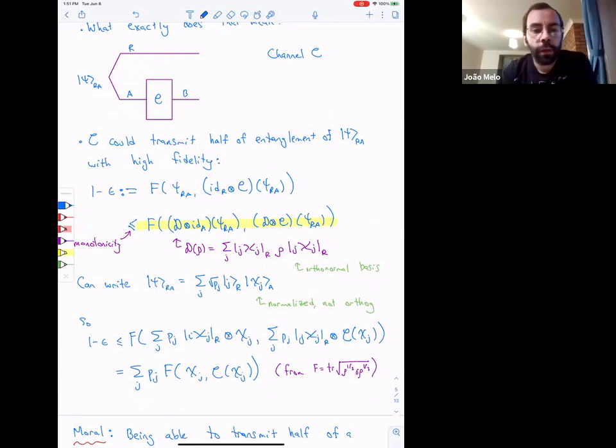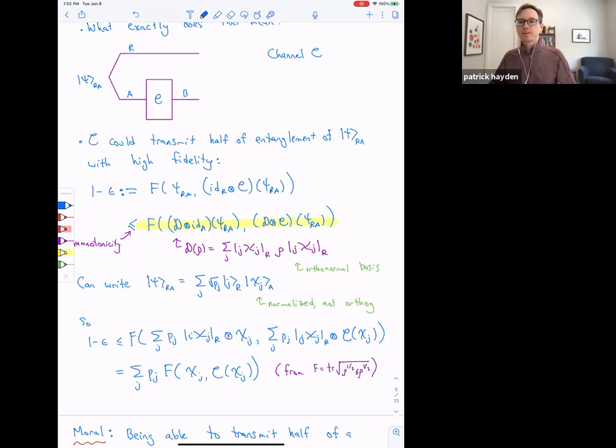Just a question. I missed why the states not equal to psi RA would have high fidelity? I understand that after you apply D the fidelity increases, but I don't understand why it should still be high. Yes.